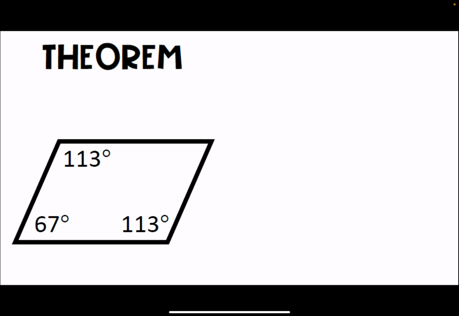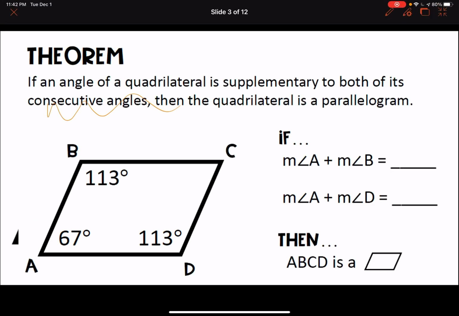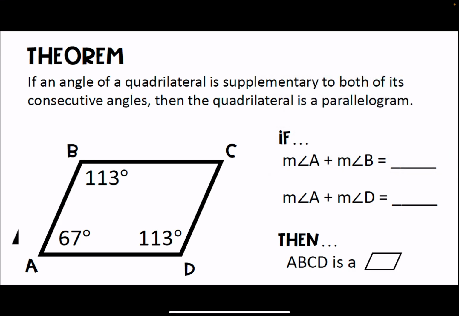All right, here is the first theorem that we're going to be talking about. And we're going to come back and write something on the front right here, but not yet. All right, so if an angle of a quadrilateral is supplementary to both of its consecutive angles, then the quadrilateral is a parallelogram.